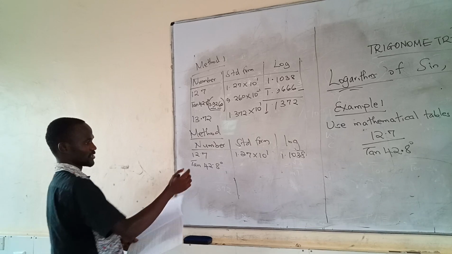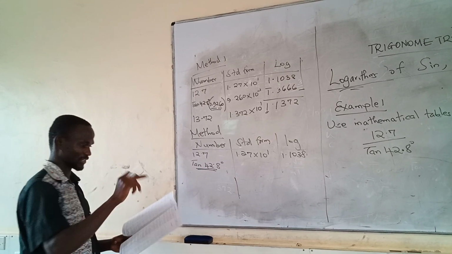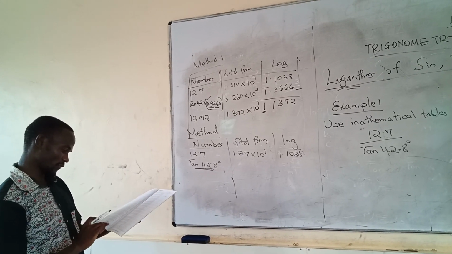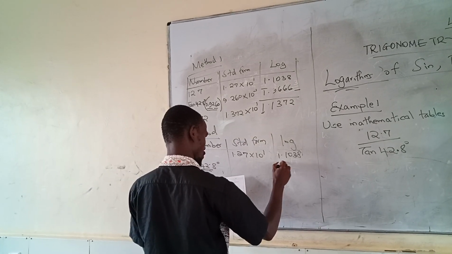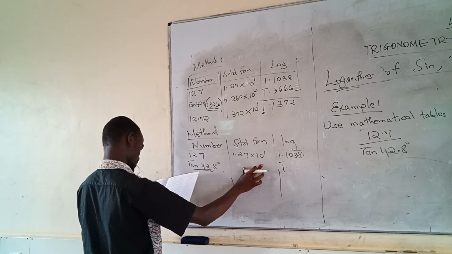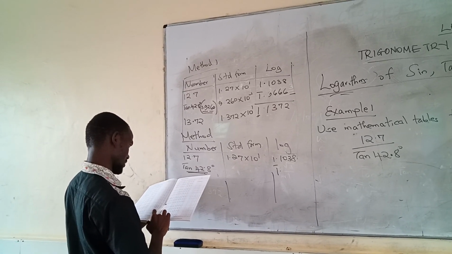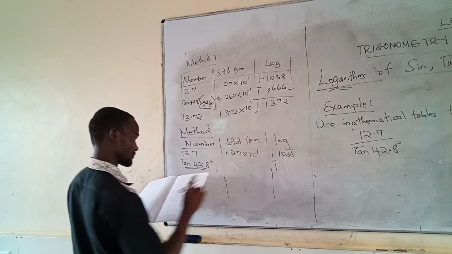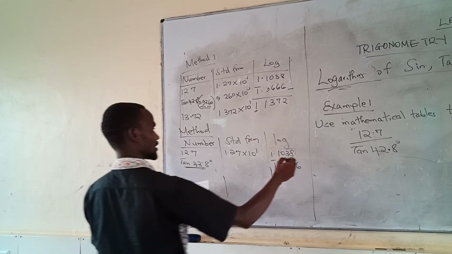Now, we can directly look for the log of 42.8. So the log of 42.8 will be bar 1 point 9666.